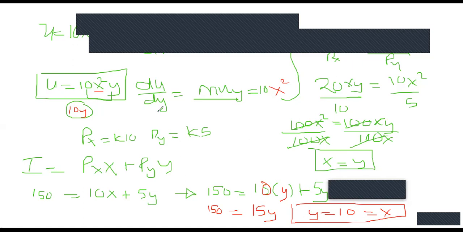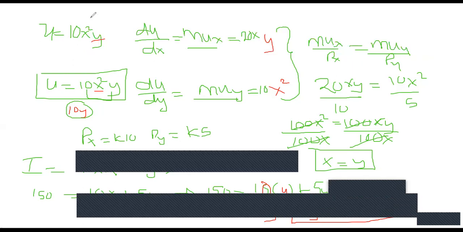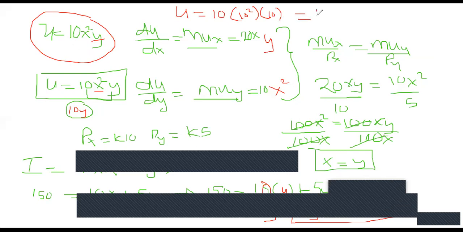So if you're told to find the actual total utility, you can substitute in here now. Where there's x, we put 10, and where there's y, we put 10. So this is simply going to be 10,000 utils as the total utility.